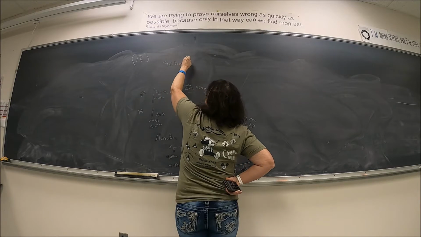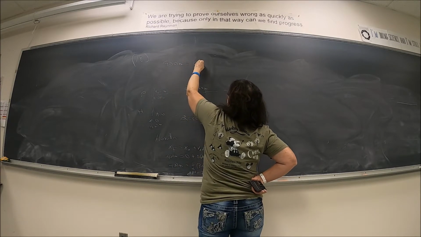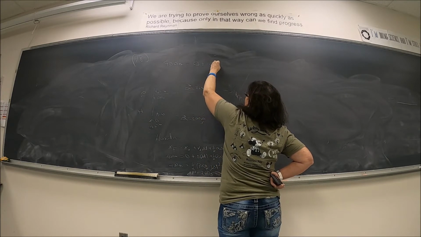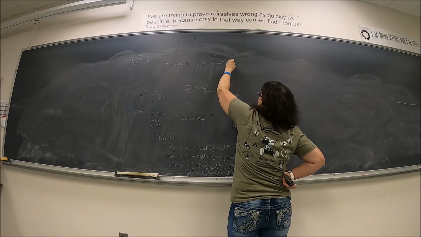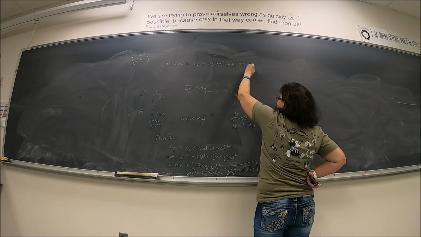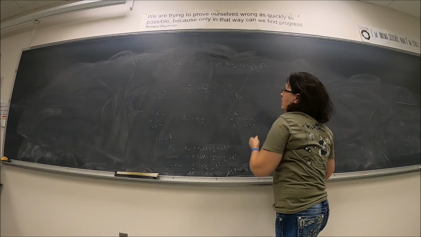400 meters is equal to X initial, which is 0, plus V initial, which is 0, times delta T, plus 1/2 times 3.50 meters per second squared, delta T squared.